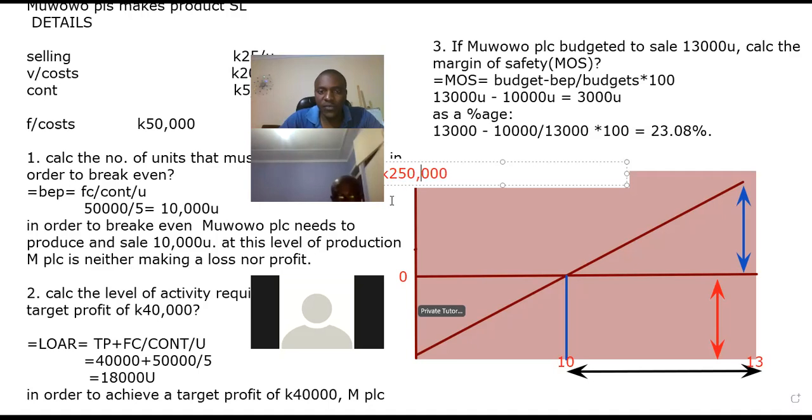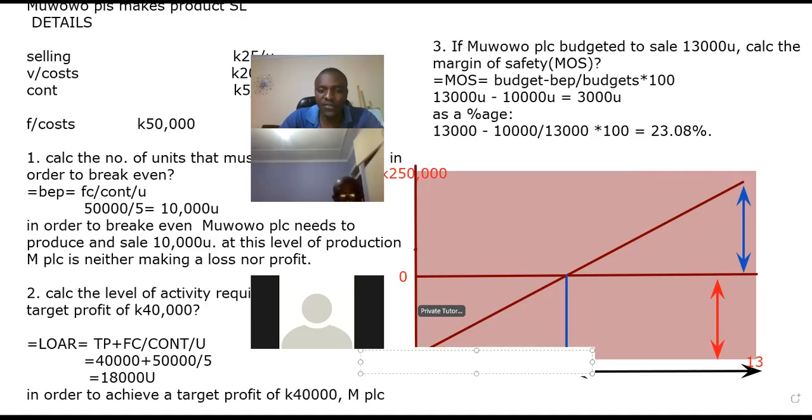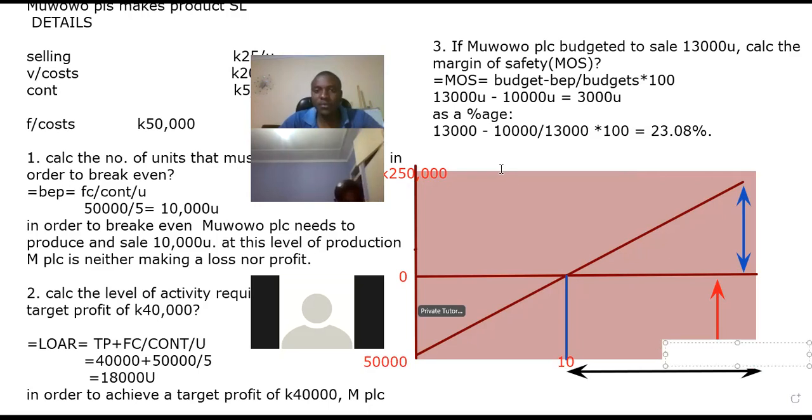The fixed costs have been given to us down here as 50,000. So I'm just going the next one to demonstrate the MOS. So here's what happens. The MOS therefore means something like this, guys. It means that if you produce at any line between here.